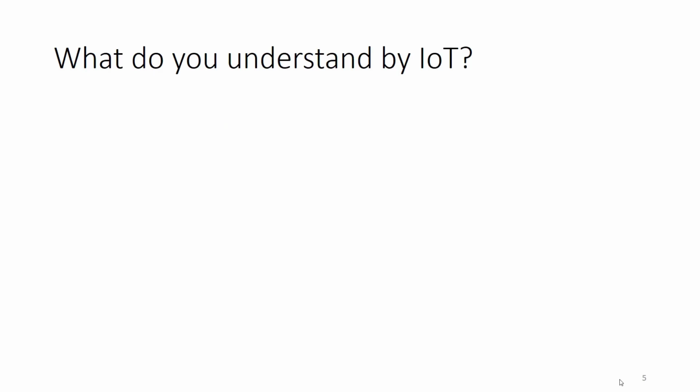To start with the content, what do you understand by IoT? IoT is nothing but a system which can talk to another system either in an intranet or over the internet. If we see an example in current days, a few people have a Fitbit or some other kind of fitness band to track their day-to-day fitness activity.